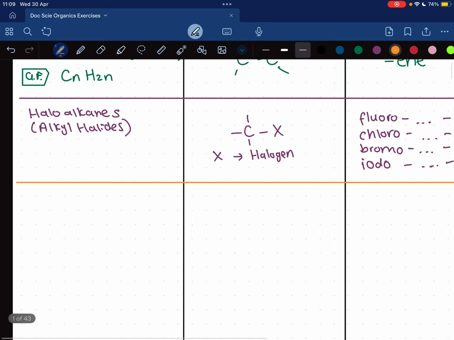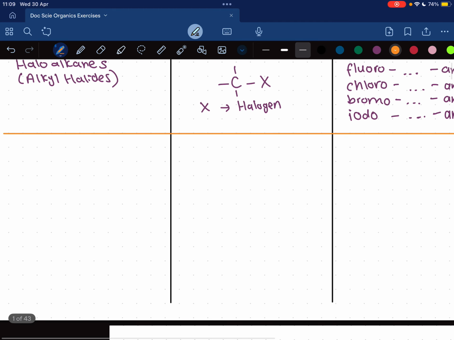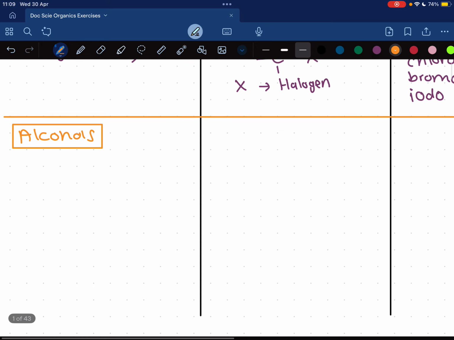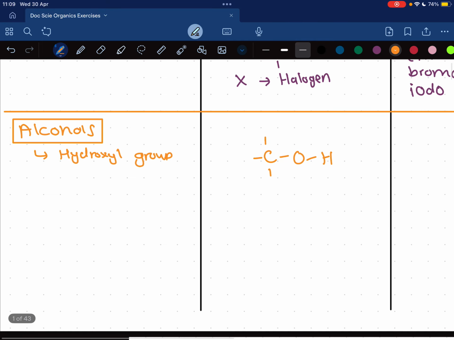Then the next one we looked at were the alcohols. Alcohols essentially have a hydroxyl group, which is an OH that is bonded in with one of the carbons as part of the functional group.